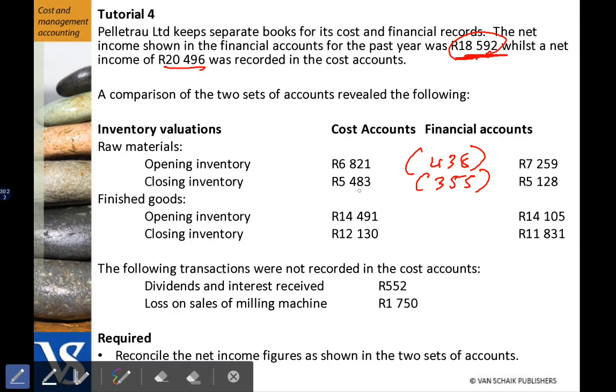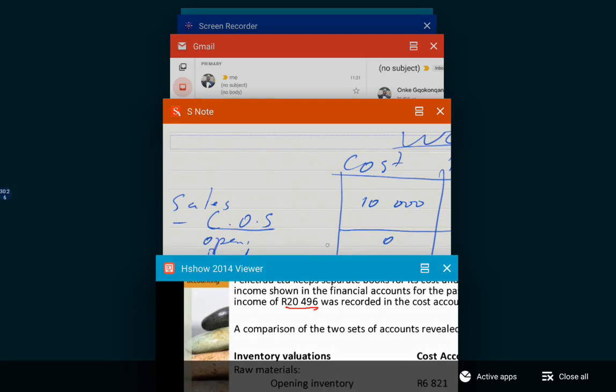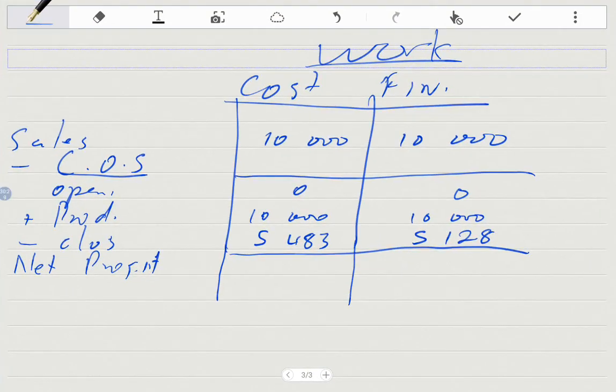Oh yes, 5,483, 5,128, right. Alright, we don't have opening, so it's going to be that 10,000, then minus the 5,483. So our cost of sales is 4,517.